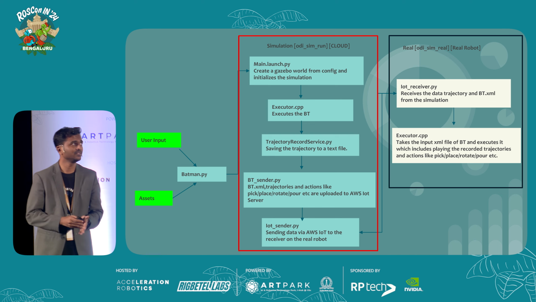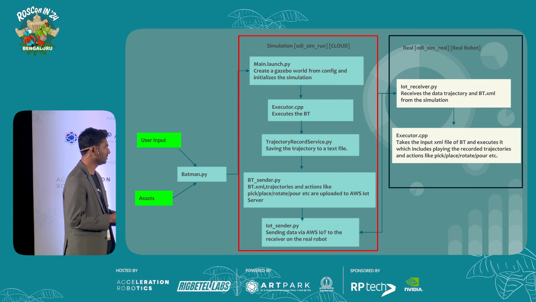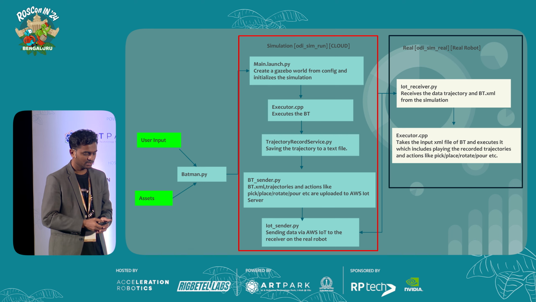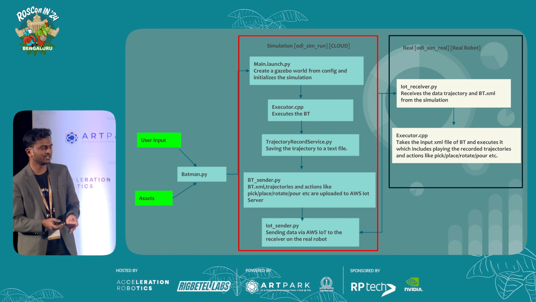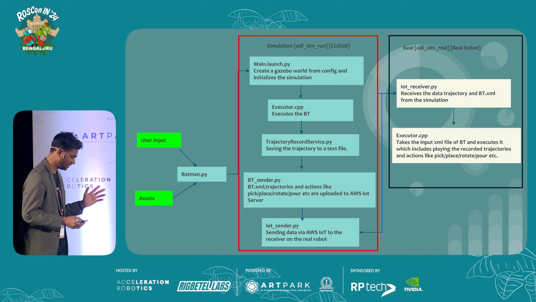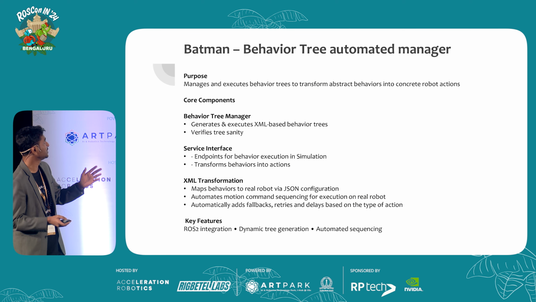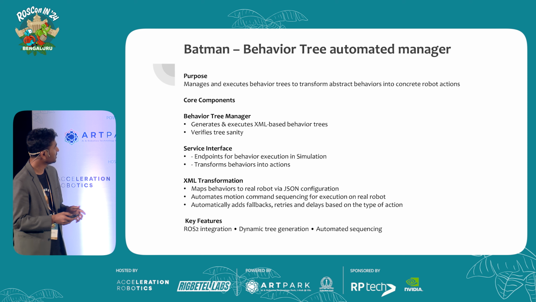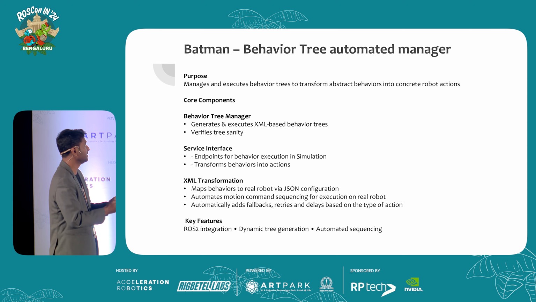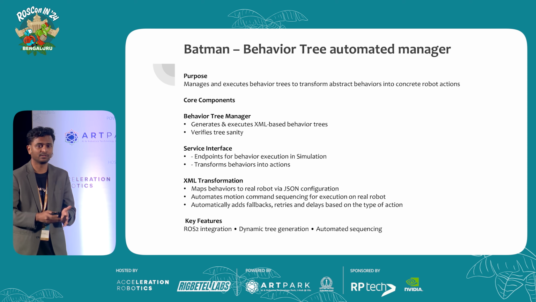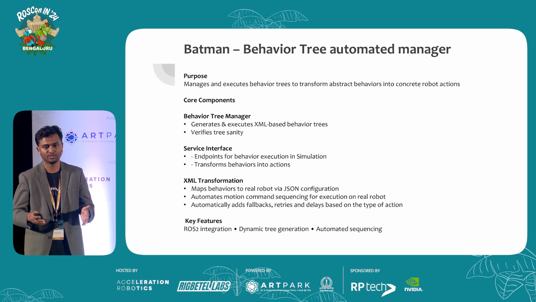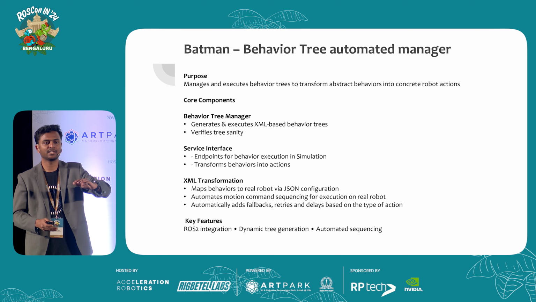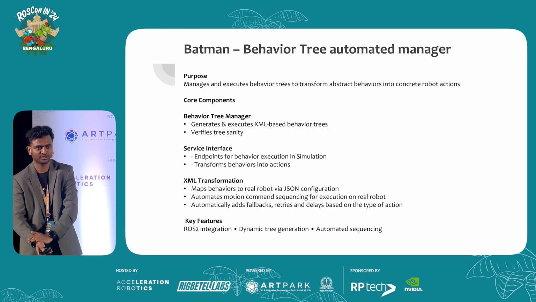While building this, we developed a very unique piece of code, which we call Batman, the behavior tree automated manager. What we observed is that behavior trees are really great at abstracting behaviors and making things modular. So what we wanted to do is abstract the higher level from the lower level actions.